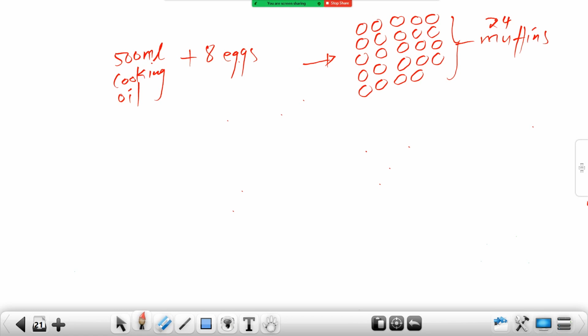No, it's not. Why? Because how will I have the powder that will give me the muffins? This is just oil and eggs. So how will muffins be formed there?